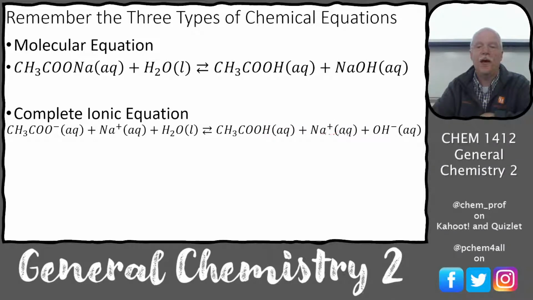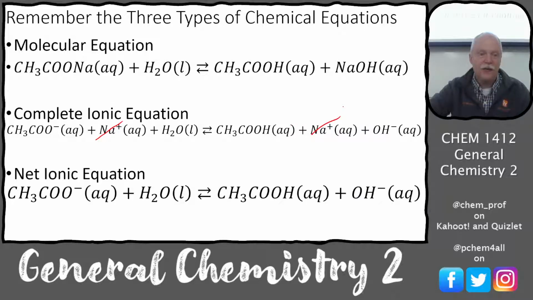Then we have the sodium ion and the hydroxide ion. Notice how this is the complete ionic equation. It has all the ions, but what is the ion that we really don't care about? Exactly. Sodium is aqueous on the left, aqueous on the right, so we could cancel that out and write the net ionic equation.